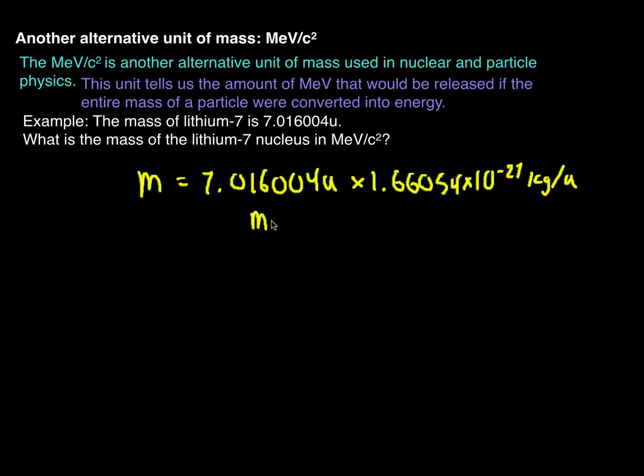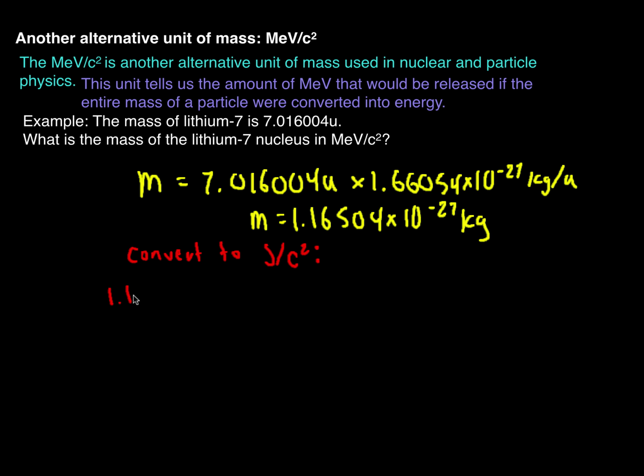This gives us a mass equal to 1.16504 times 10 to the negative 27 kilograms. Next, we use Einstein's equation to convert to joules per c squared.